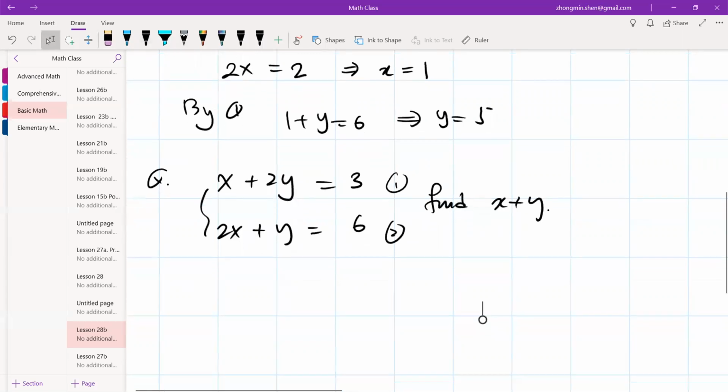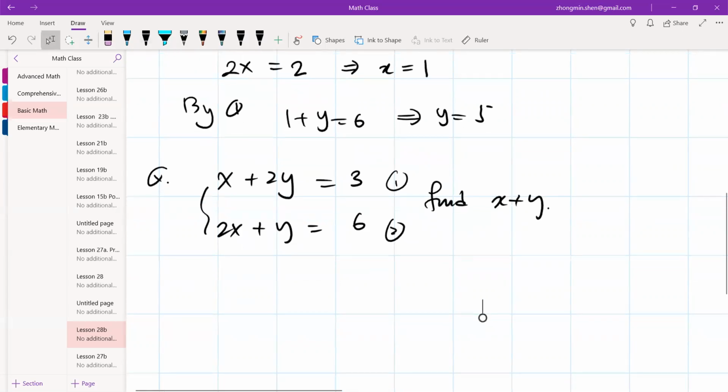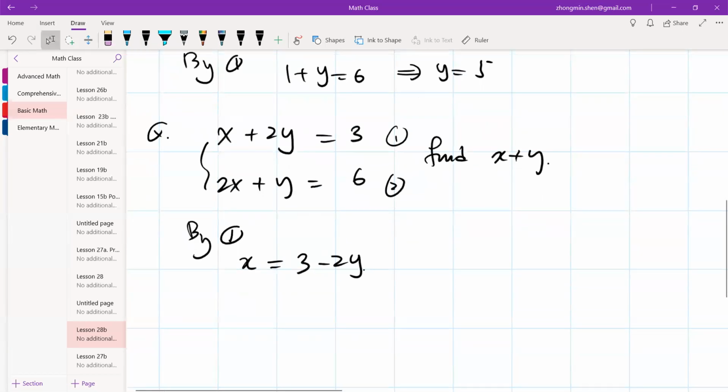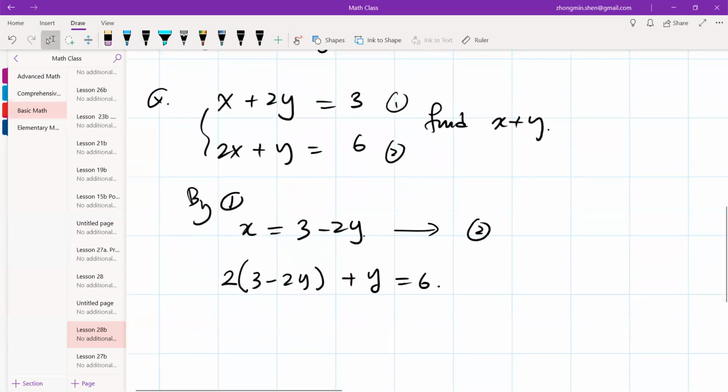This time I'm using the substitution method. By the first equation, I know x equals 3 minus 2y. You move 2y to the right hand side. Then you plug into the second equation. In the place of x, you put 3 minus 2y, then plus y equals 6. Then let's simplify.